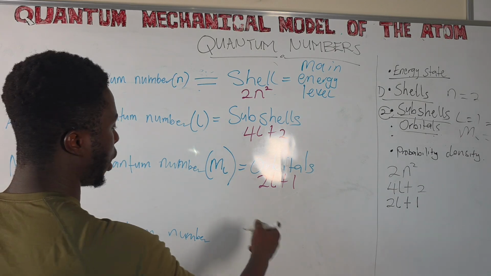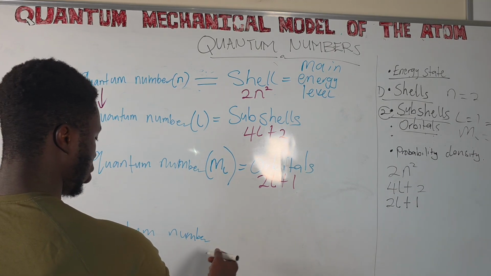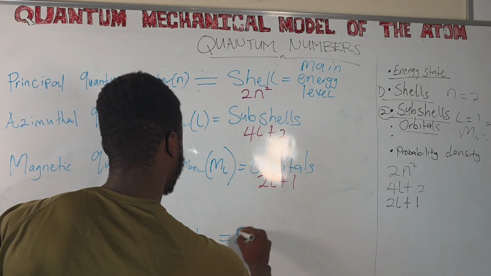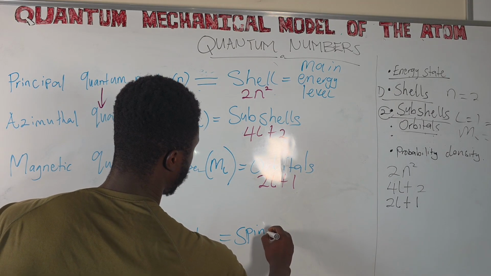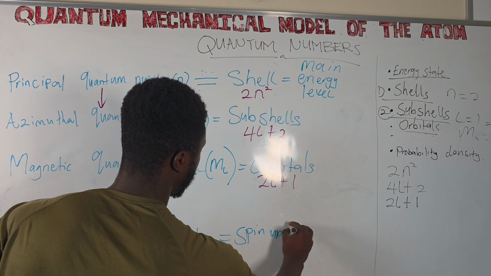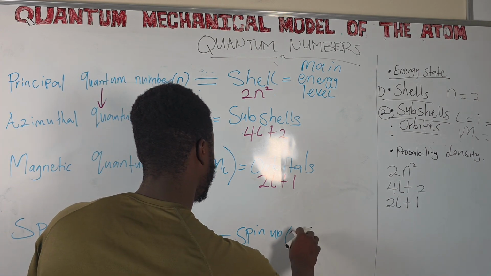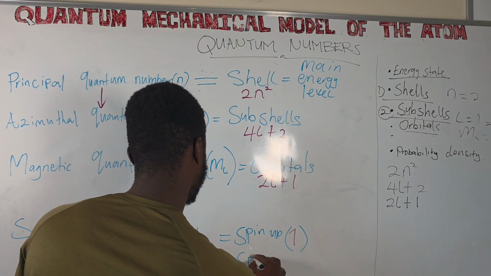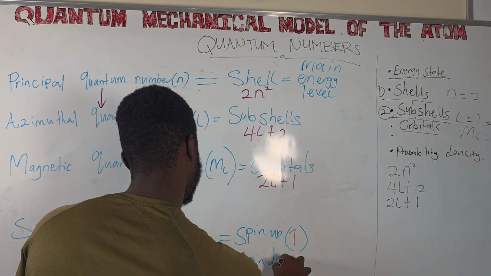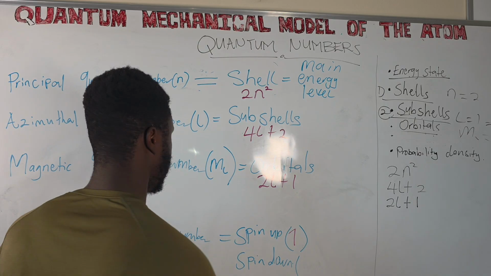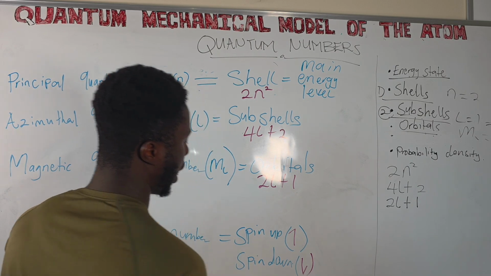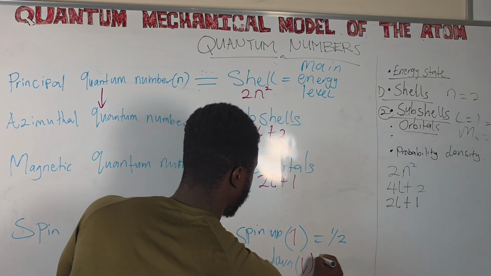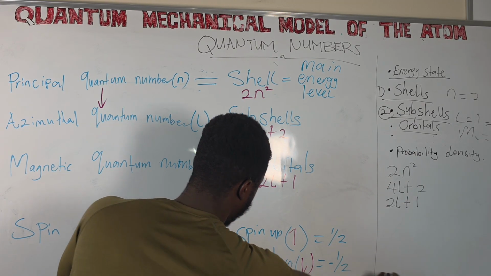And then we go to the spin quantum number. For that, what did we say they are? Spin up, which is an up arrow, or spin down, which is a down arrow. The spin up can also be written as half, and the spin down is negative half.